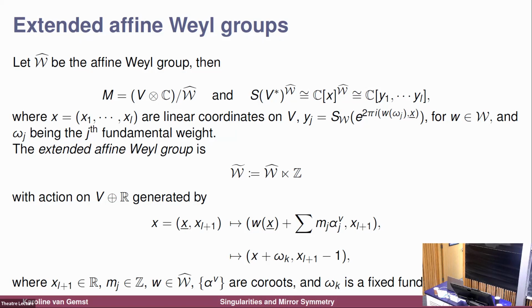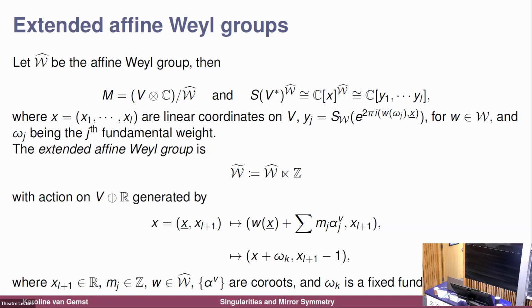Then we define the extended affine Weyl group with another semi-direct product with a copy of Z. And the action is generated, well, this first part is really just the affine action. And then you have the addition of just shifting your final affine coordinate, x_{L+1}, where L was the rank of the associated algebra.